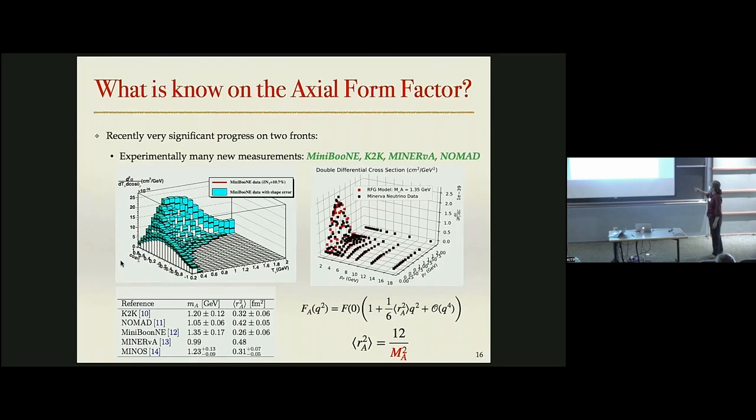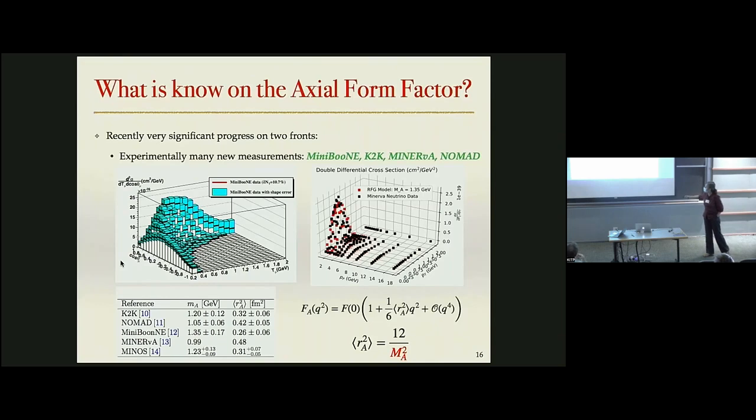And then you have this measurement from MINERvA, which has measured the cross-section also in terms of the perpendicular and parallel momentum of the muons with respect to the incident neutrino. And here you see that they have fitted the axial mass for some measurements, and for MINERvA they have assumed the GENIE axial mass, which by default is 0.99.